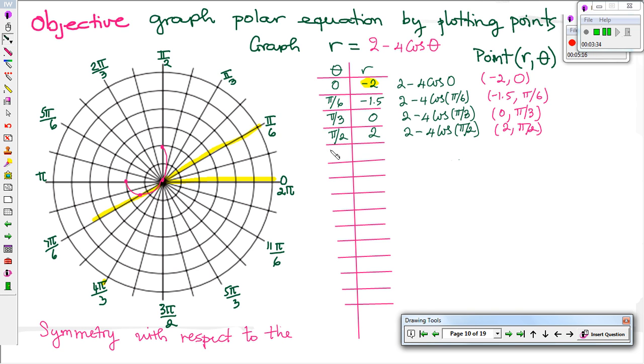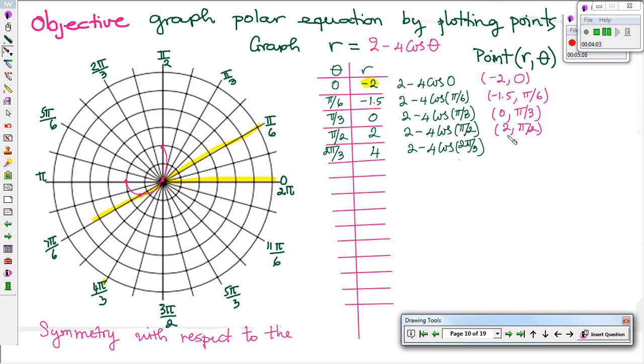Next we go to the next point, which is 2 pi over 3. So we have 2 minus 4 times cosine of 2 pi over 3. So that will give us 4.